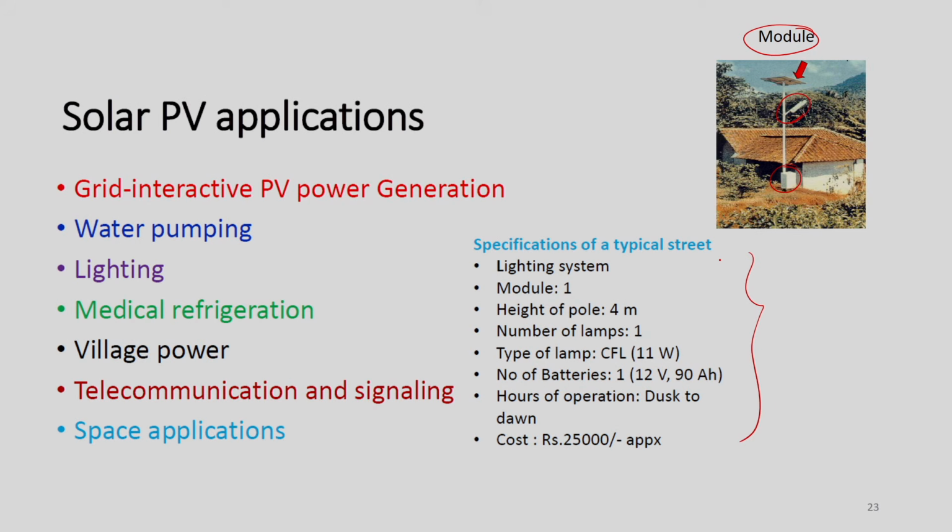The module is one, its pole is about 4 meter tall, the number of lamps is 1, the type of lamp is CFL with a rating of about 11 watt, the number of batteries is 1 with a rating of 12 volt and 90 ampere hour, the hours of operation are of course dusk to dawn, and the cost is about 25,000 in the Indian market.